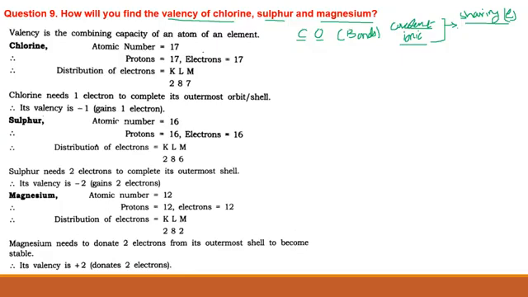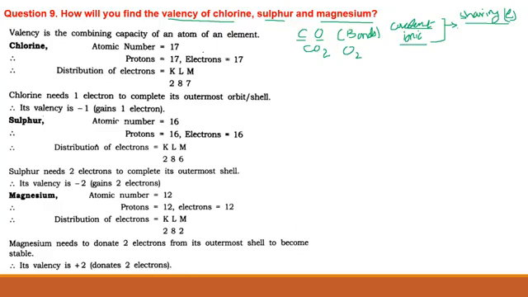So that is why it is very important for us to know the valency. That is why we can write formulas like CO, CO2, right? We have formed many compounds, and before forming the compounds, we learnt the valency of different elements or atoms of different elements.